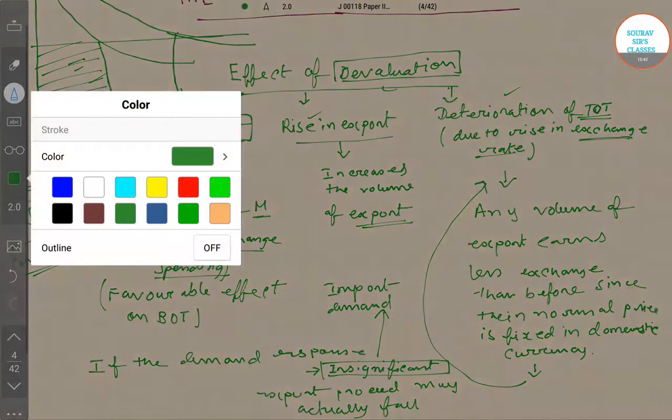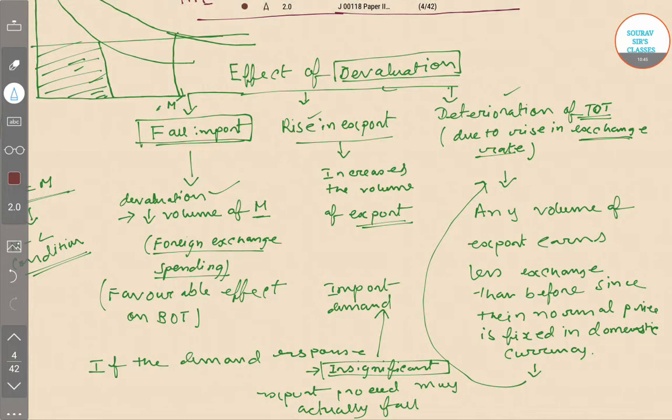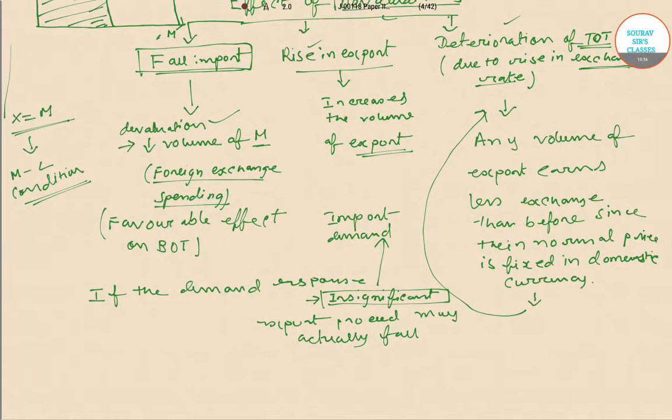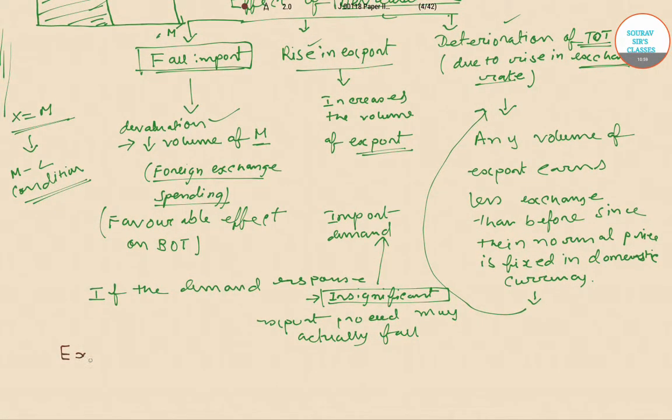So now I'll simply write down this Marshall-Lerner condition. In this case, the price level is fixed in each country in the short run, so the exchange rate is virtually the price of foreign goods in terms of domestic goods.